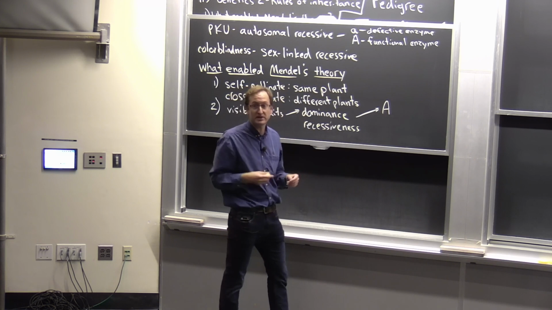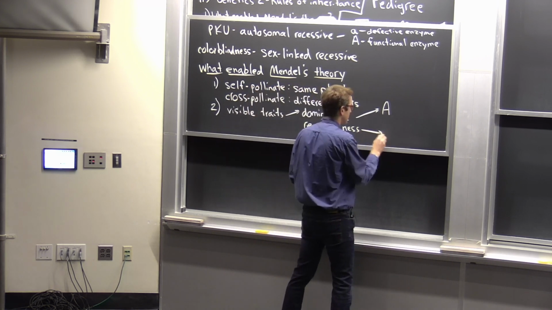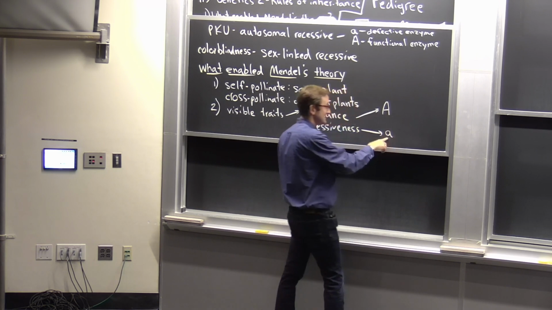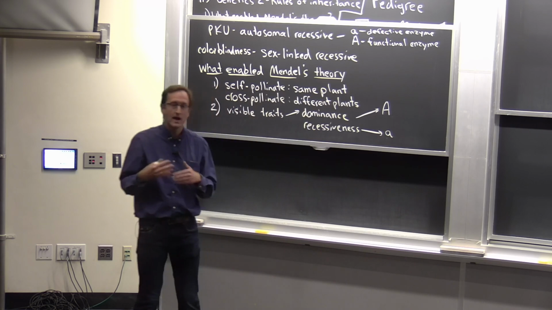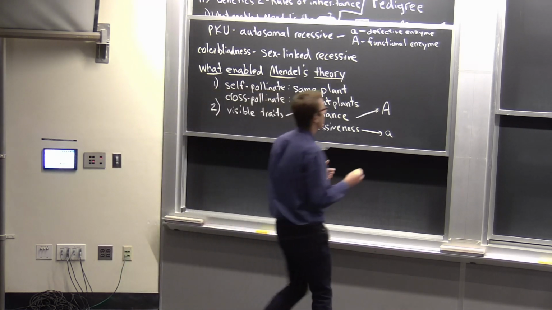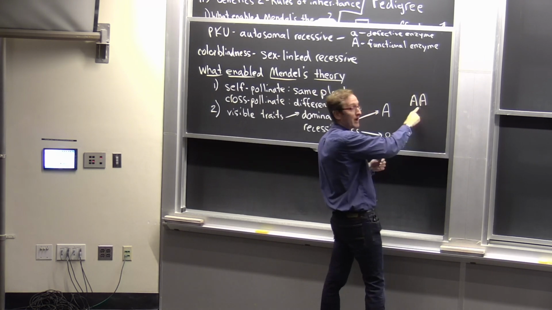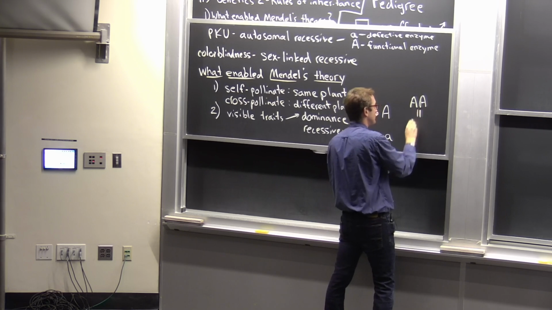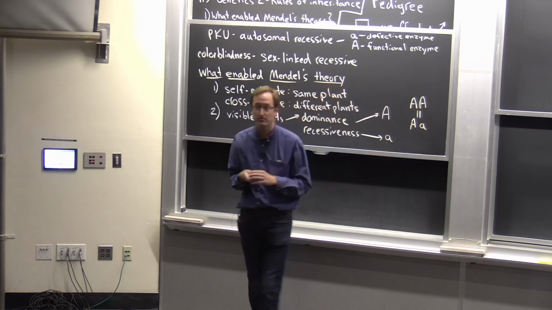In this case, for PKU, we used capital letter A, or in this case, the disease allele was lowercase a, and that's recessive. And if an allele has dominance, what that essentially means is that being homozygous for the dominant allele is equivalent to having just one copy of that allele, okay?